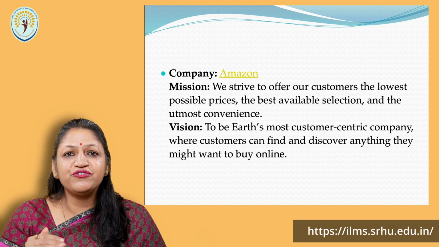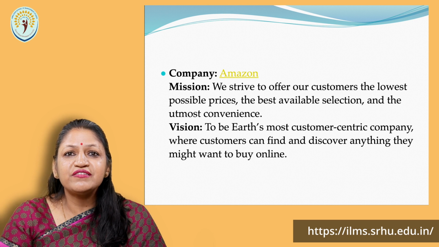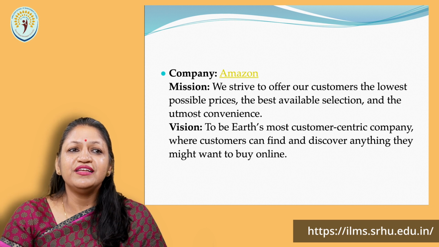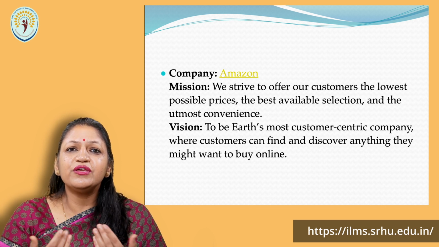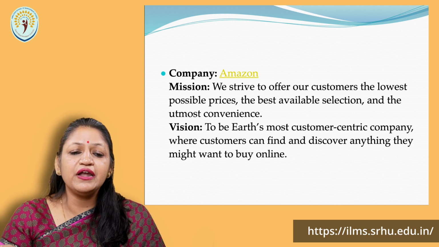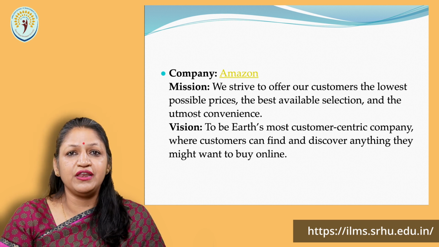When we read the mission of Amazon, it becomes clear to us what Amazon is trying to do. And I think it becomes clear to each and every employee of Amazon what Amazon is trying to give to the customer. So we see that Amazon is working to provide us products at a low cost. It is trying to give us a huge variety of products, and it is trying to give us the utmost convenience.